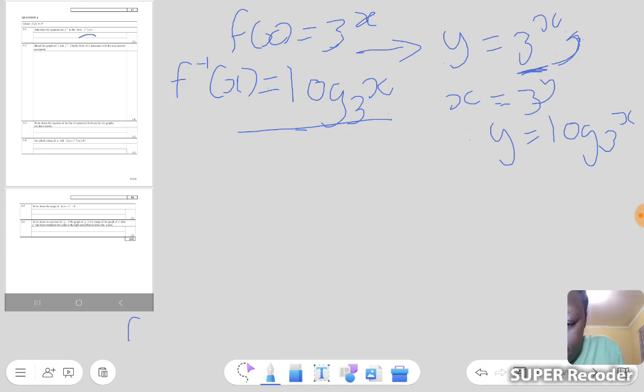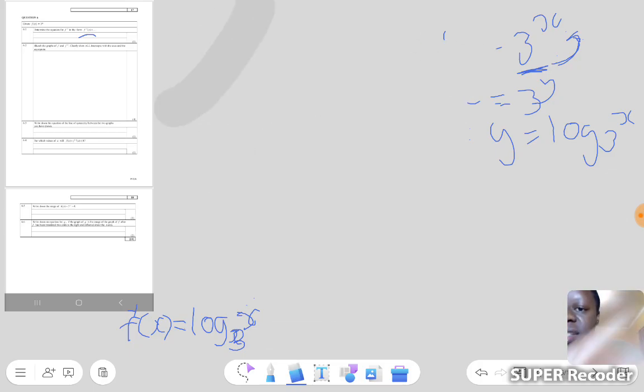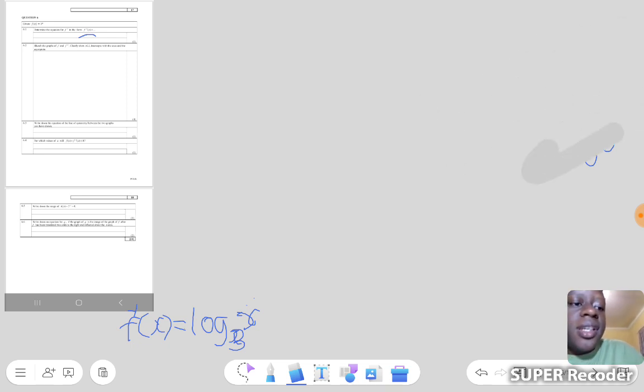So 6.2 states, sketch the graph of f and its inverse.